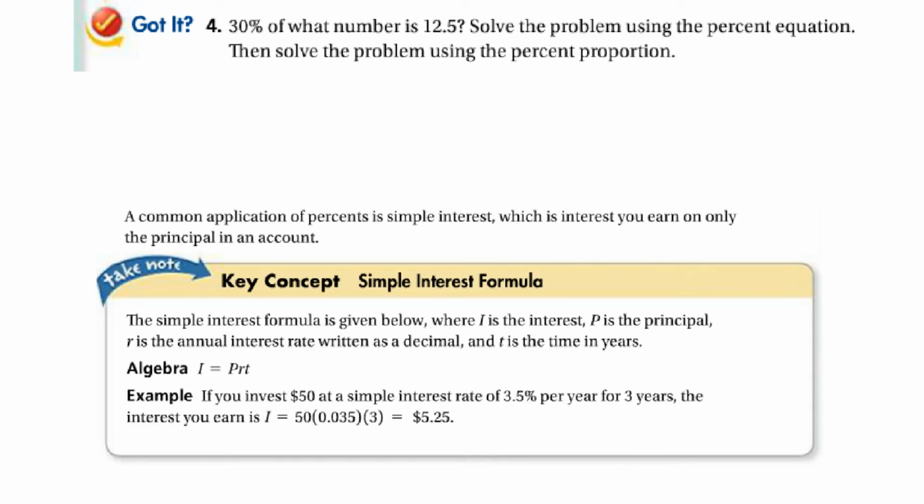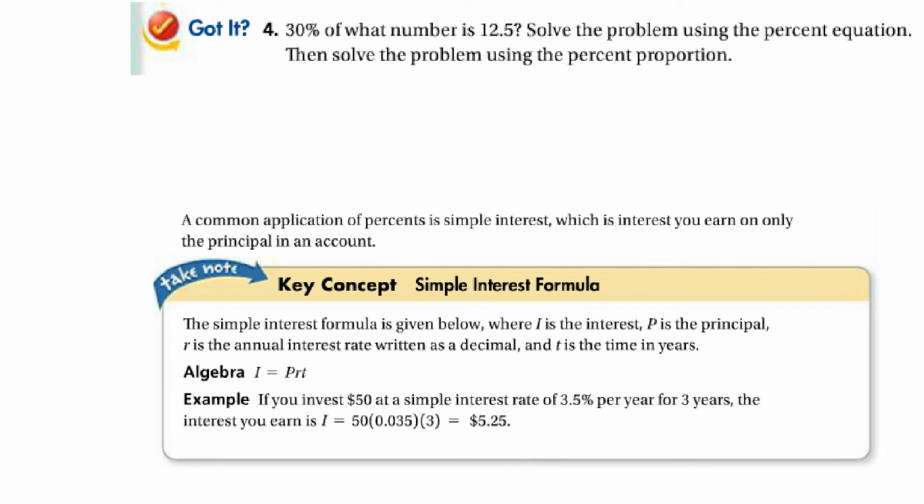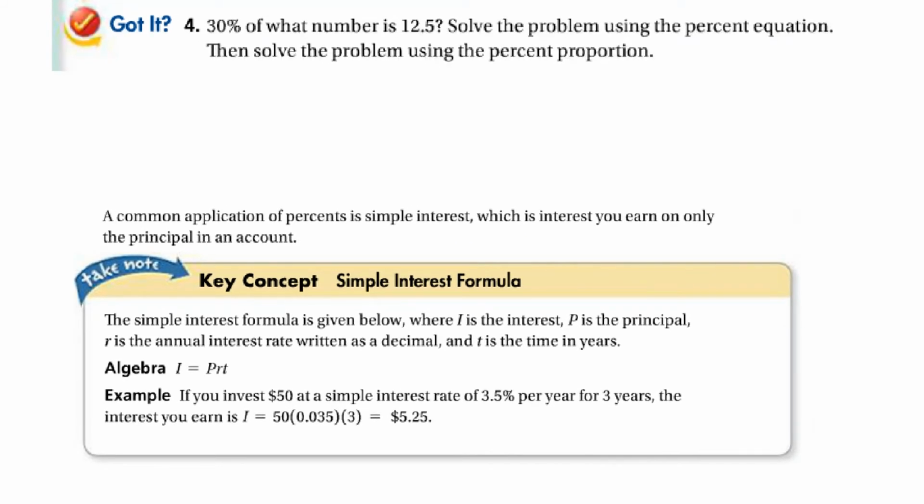Okay, if we look at guided problem 4, again, 30% of what number is 12.5? And we're just going to solve it using our percent proportion. We're not going to use the percent equation, so we'll just use our percent proportion. We have 30% over 100 equals, the part is 12.5.